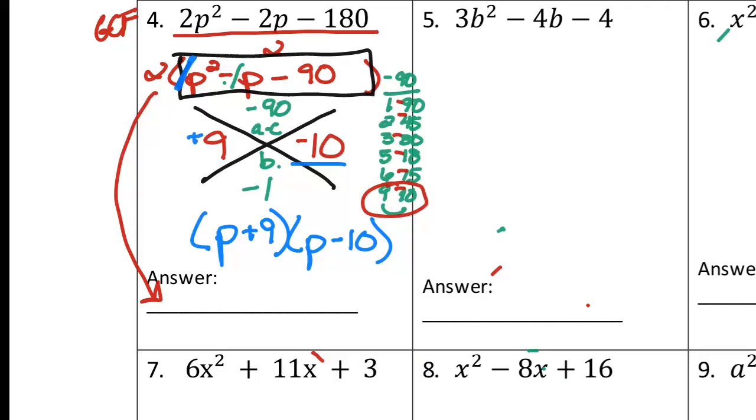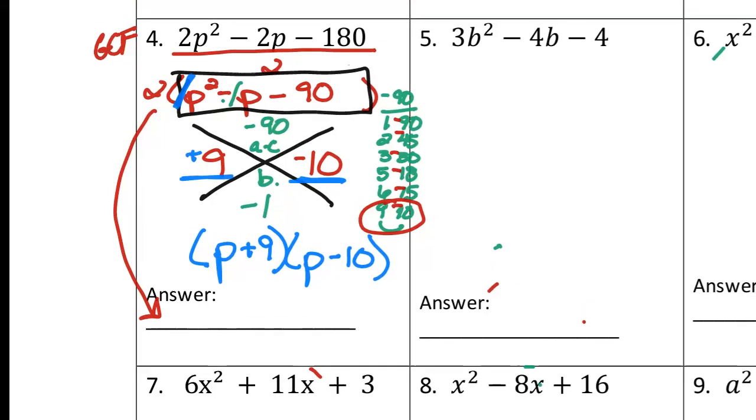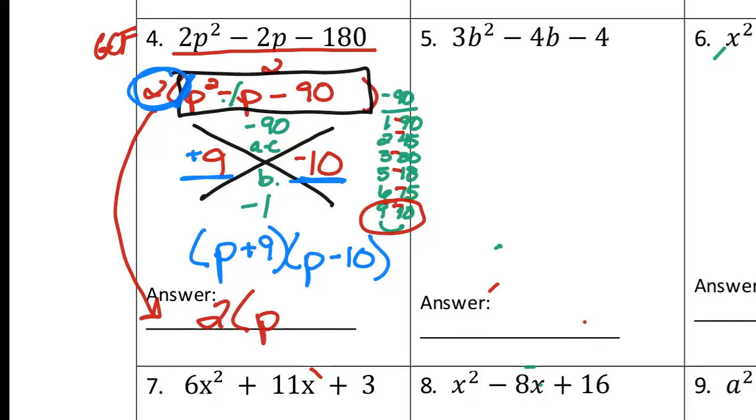See how I did that? When A is equal to 1, you can just put those down as your factors. Is that my final answer? No, because we did factor out this 2 right here. So my final answer is 2 times P plus 9 times P minus 10.